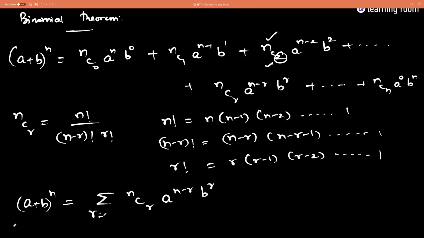Where does the r value vary from? r varies from 0 to n. You know this, right? This is important for us to solve the last problem you asked me. Murli, are you clear with this? Yes, sir. Okay, so remember this.